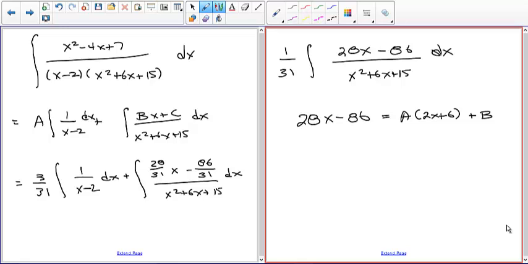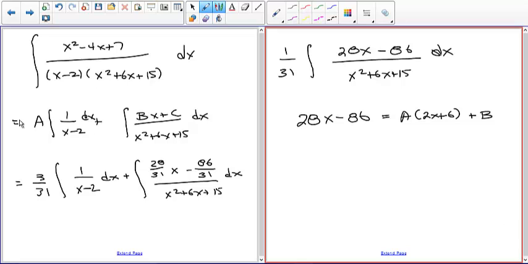So that's the part I'm going to group to use. This is the u substitution, where this is u and du is this. And then the remaining part will be a constant. So I'll have a constant over this, which I can use the arctangent to do that part. So we need to figure out what those two numbers are.